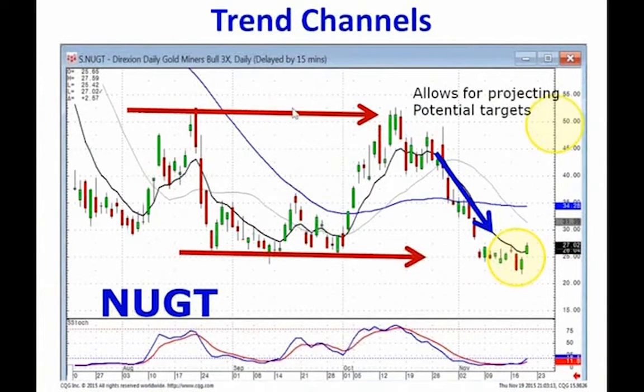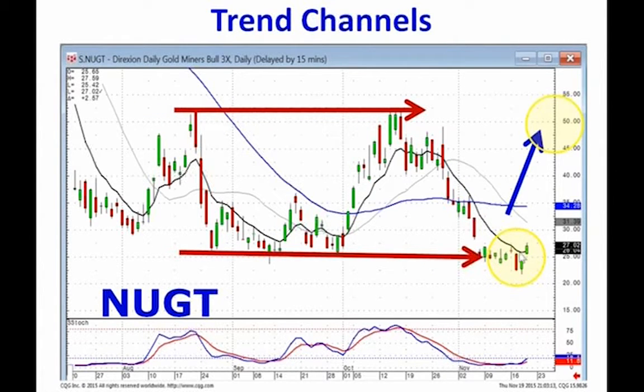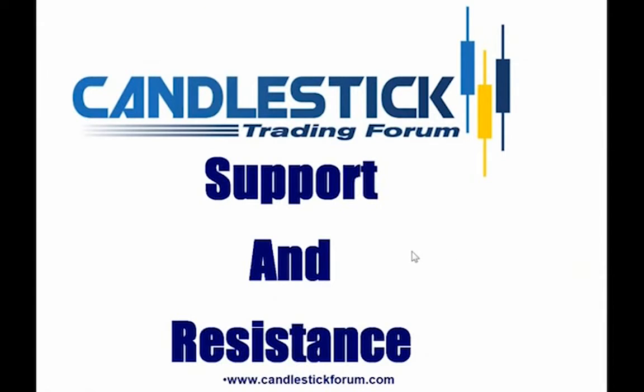Anytime I see a trend channel developing, I know to start watching at those levels, especially in the oversold area, of where I should start seeing reversal signals. And when I do, again, there's our candlestick buy signal to close above the T-line. What's our next target? Back up to the top of the trend channel.